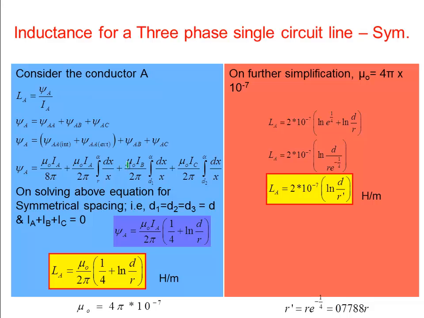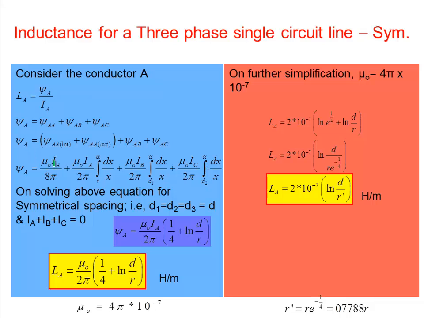Now for flux linkage because of current Ib, mu naught Ib by 2 pi integral of d1 to infinity dx by x, plus because of current Ic, mu naught Ic by 2 pi integral of d2 to infinity dx by x. If you see here, Ic is here, that distance is d2, and for Ib that distance is d1, that is between the conductor A to B is d1, A to C is d2.